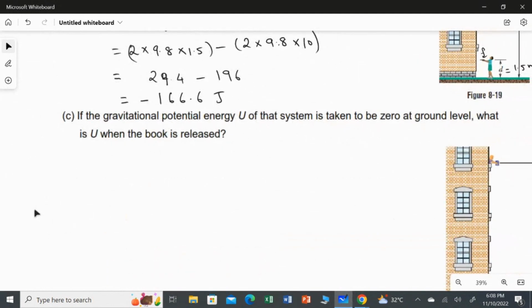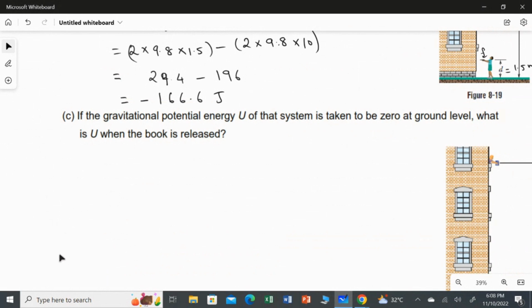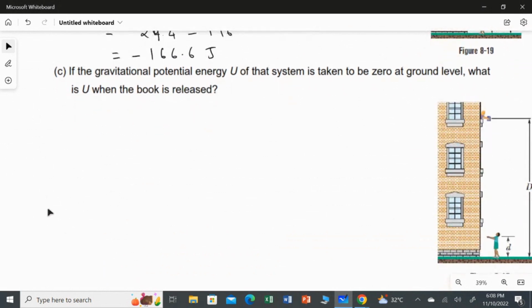So what is given in the third question? Read it carefully. If the gravitational potential energy of the system is taken to be zero at the ground level, so at the ground level we are going to consider the potential energy as zero. What is the potential energy when the book is released?